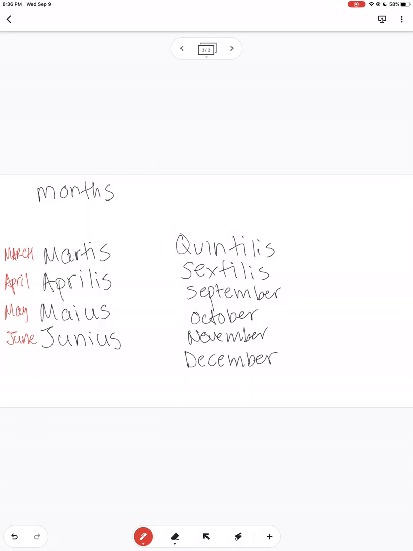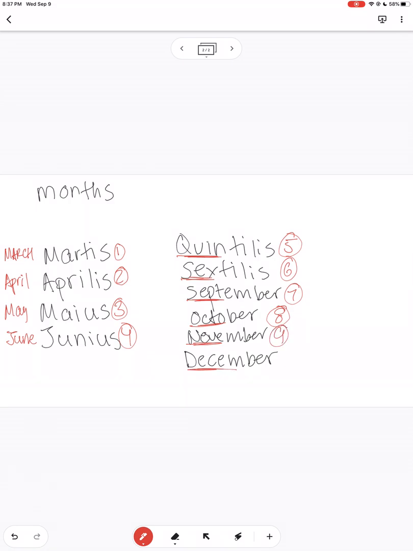Now, Martis is 1, April is 2, 3, 4, Quin means 5. Sex, 6. Sept, 7. Oct, 8. Noem means 9.